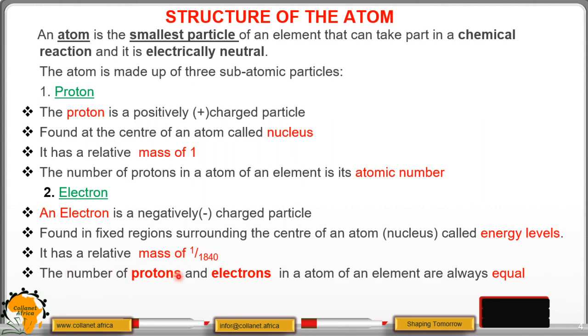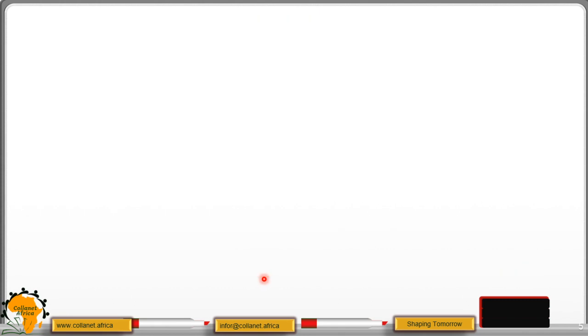The number of protons and electrons in an atom of an element are always equal. So if you have 10 protons in an atom, then the number of electrons will be 10. If there are 18 protons, then the number of electrons will also be 18.